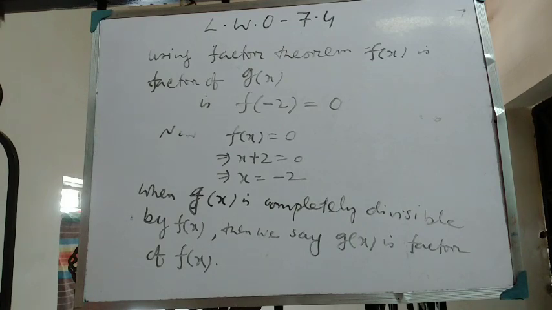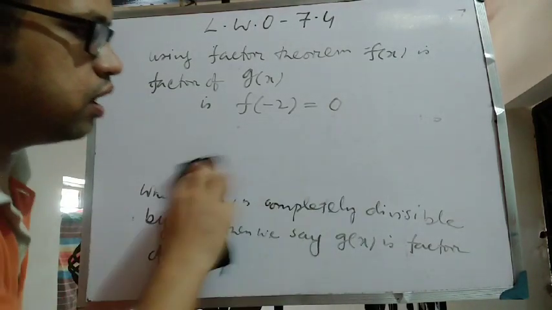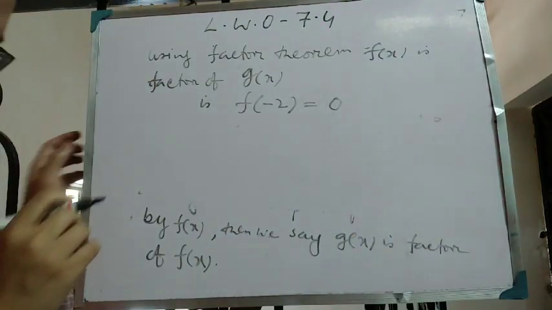You can recall from the remainder theorem, the remainder should vanish. So from here you can find the value of k.